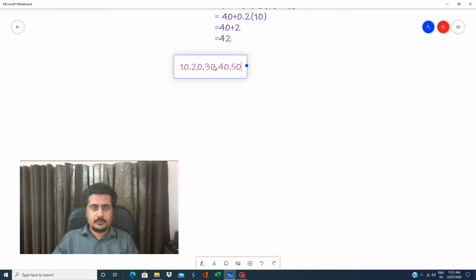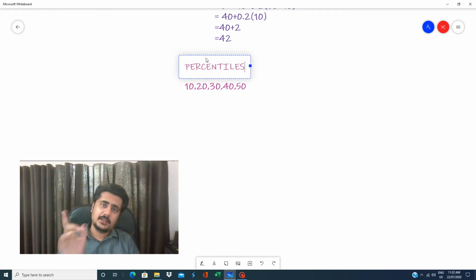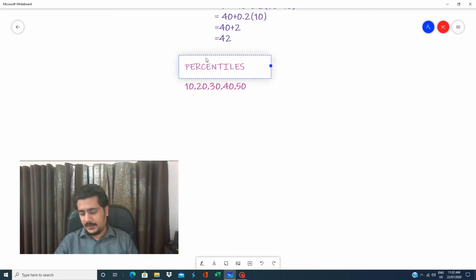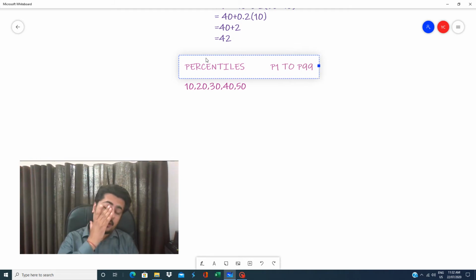As I told you, in percentile that means it is by default 100 parts. Okay, percentage is always 100. So percentile will be starting from P1 and will be going to P99. Anything can be asked. Okay, there are 99 questions to be asked. They can ask you anything, P1, P2, P3, P4, up to P99.